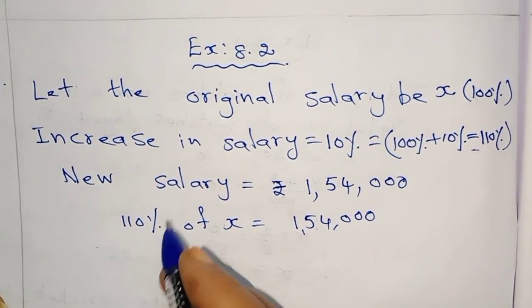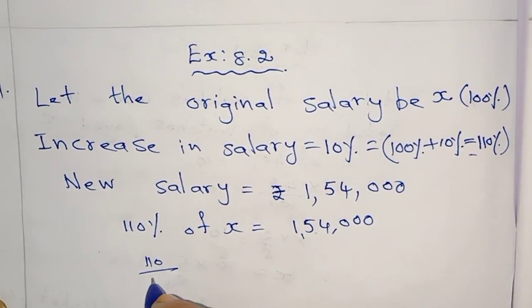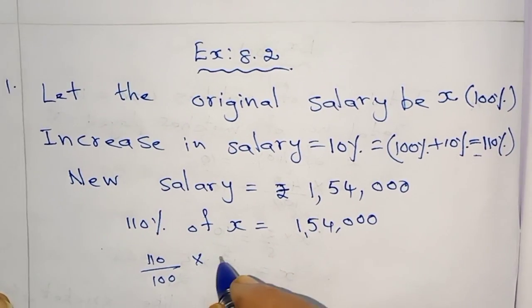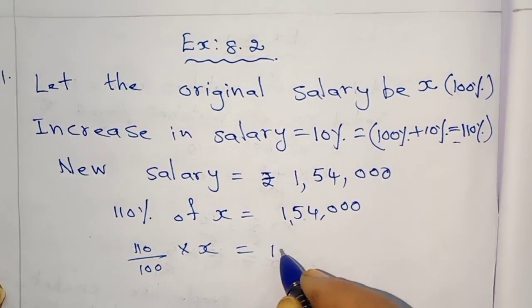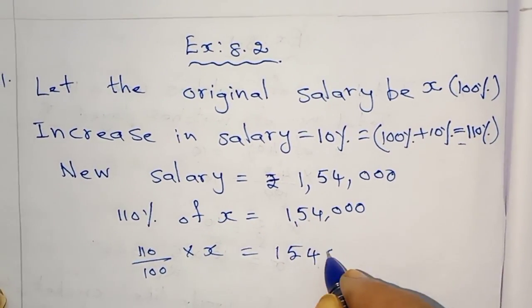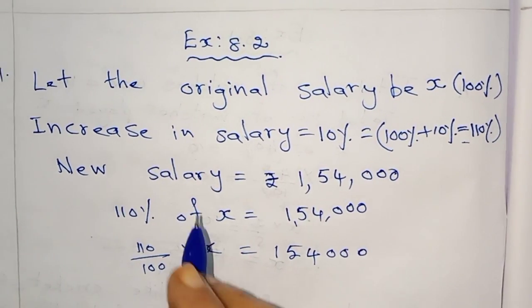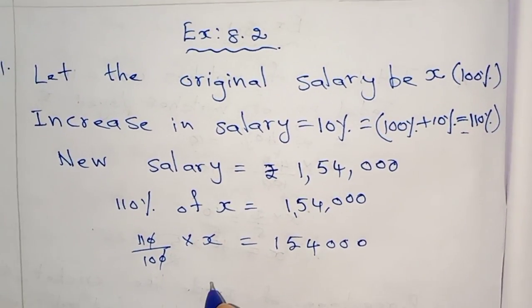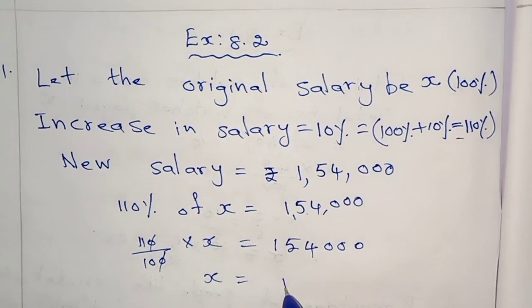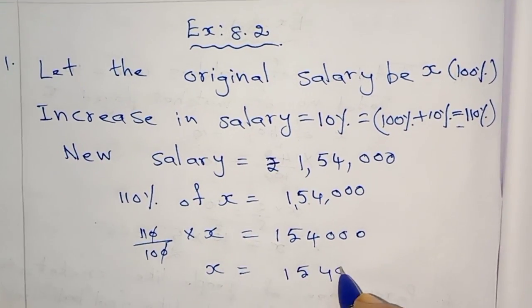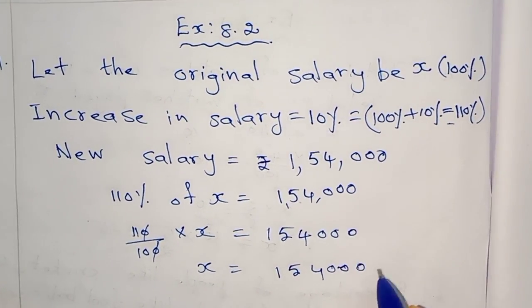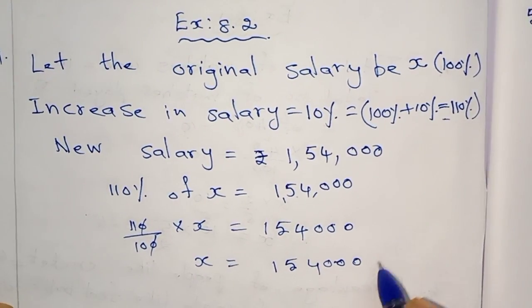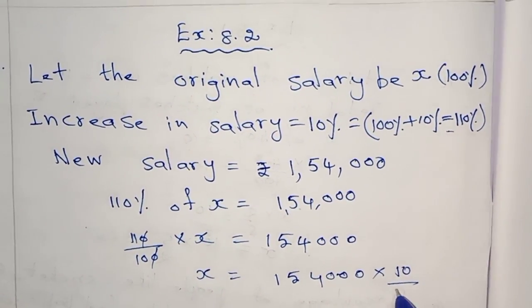So what is 110%? 110 by 100. Of means into. That is equal to 1,54,000. Here 0 gets cancelled. X is equal to 1,54,000, and 11 by 10 becomes 10 by 11.